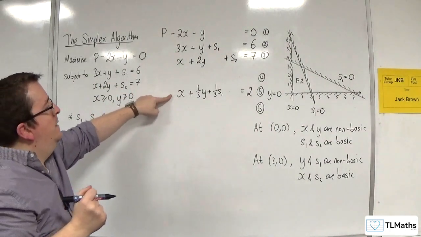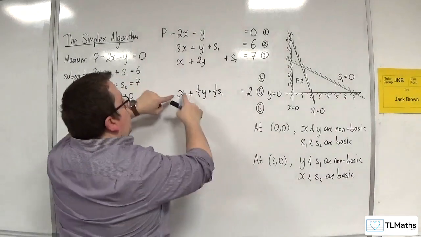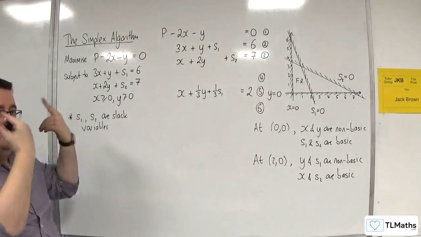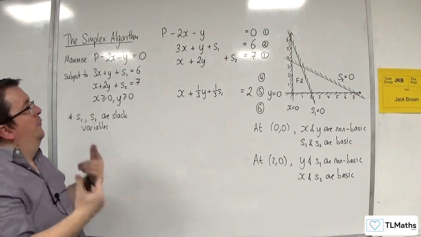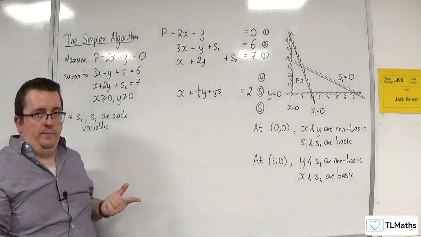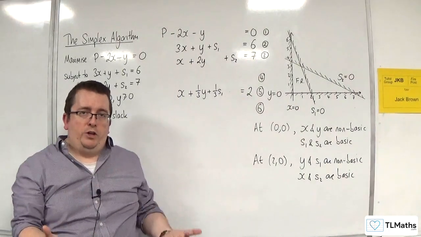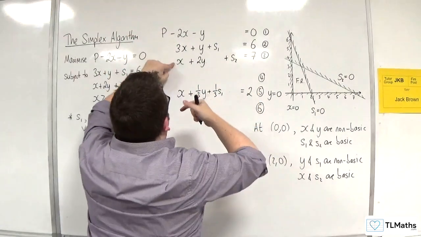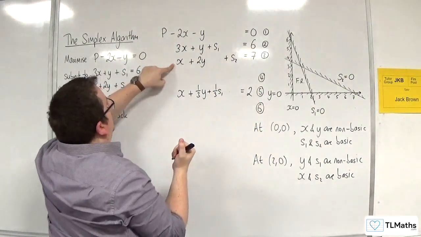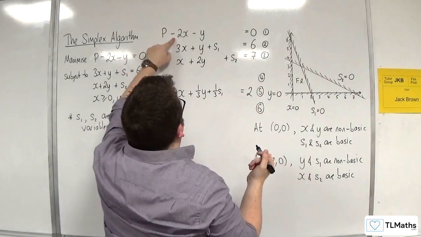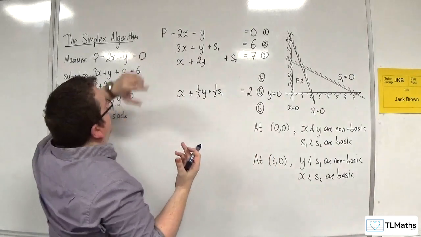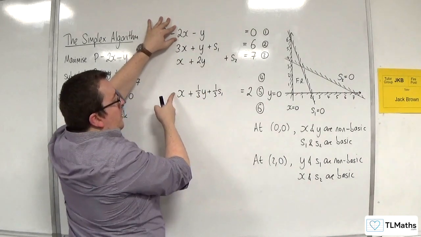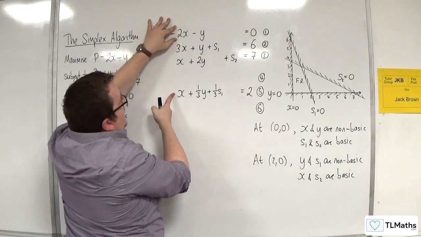Okay. And then, once I've got that, I am going to use equation 5 to eliminate the x's from the other 2 equations. So just like you do with elimination method in simultaneous equations, I'm now going to eliminate the x's that I have here in equation 1 and equation 3. So for equation 1, because I've got the minus 2x, I'm going to have to add on 2 lots of this equation to eliminate the x's.